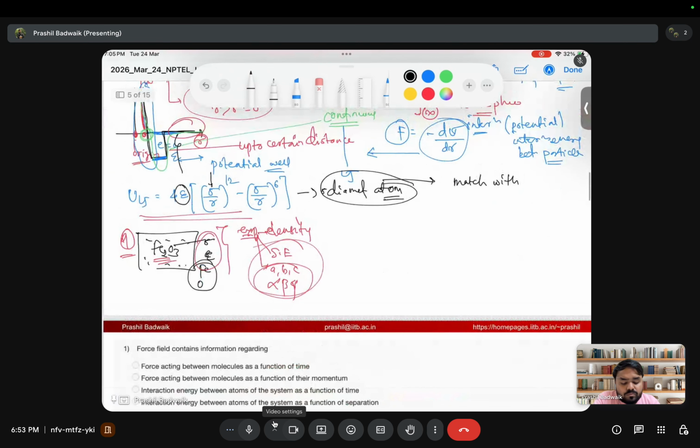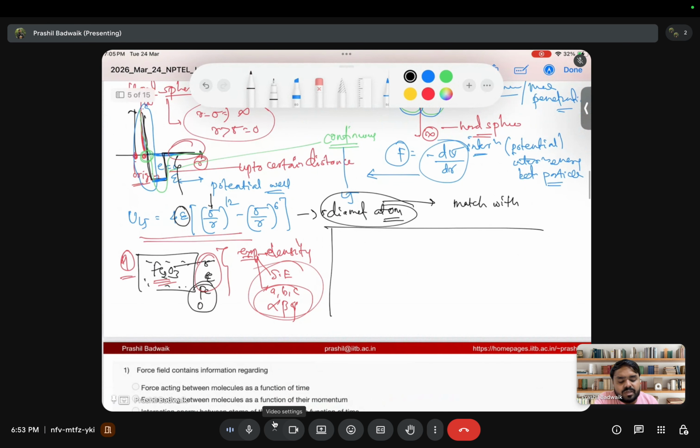Then we talked about the Monte Carlo scheme. Now the question was, okay, using this interaction energy we get the force. That force can be used to get the next position and velocity. So here what I'm doing is moving in time. Earlier I had x and v as the position and velocity. If I go in time, I'll get x2 and v2 for each particle, right? And this is evolving.